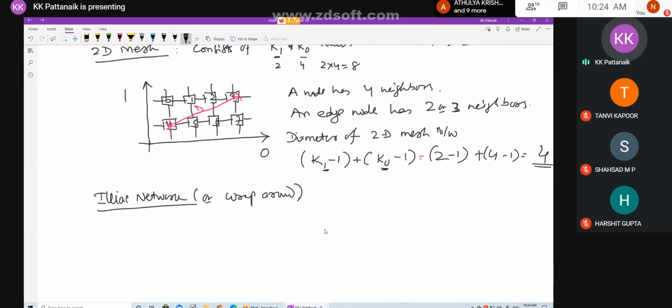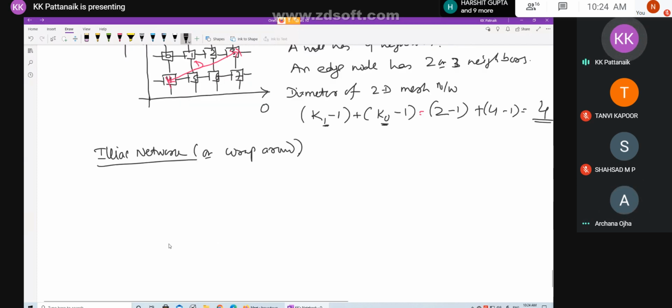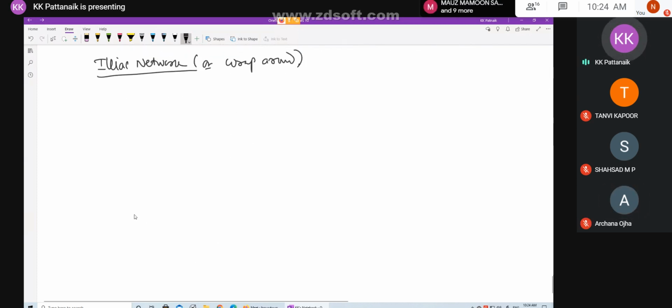Edge nodes are also connected with each other. So that is the wraparound, which gives rise to the iliac network. So we'll consider a little larger network, a 4x4 iliac network.